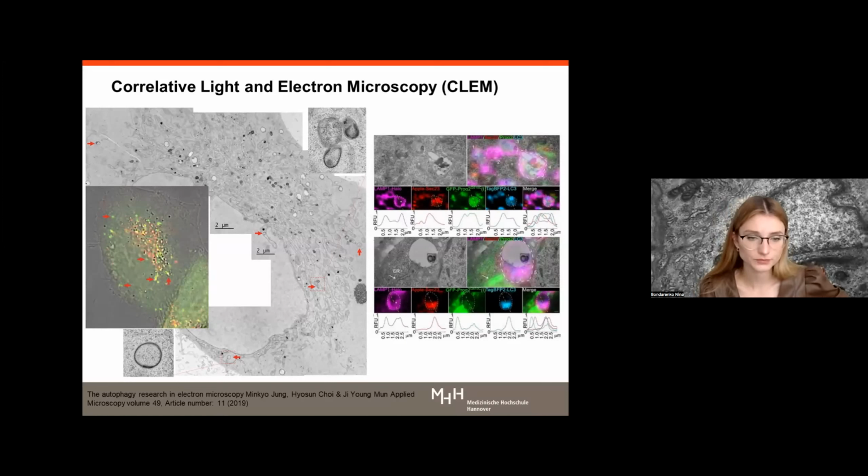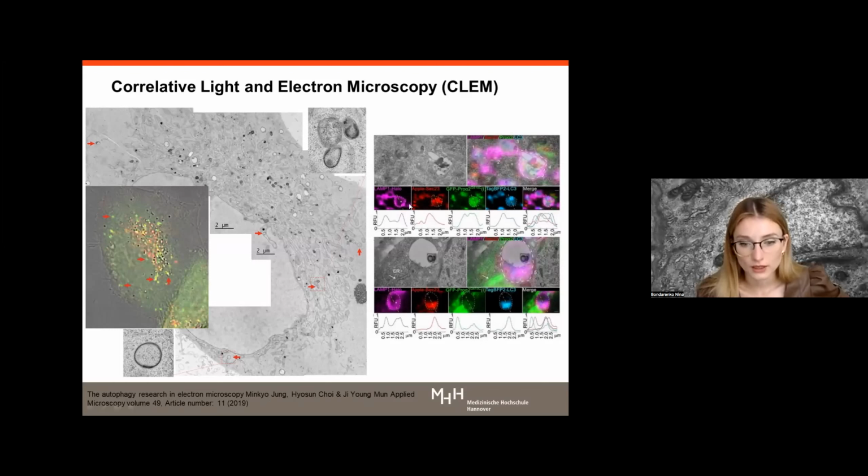So what I mean is that, for example, on this slide, these red arrows point to different structures at the light microscopy level, and at the same time these red arrows point to different structures at the level of electron microscopy.